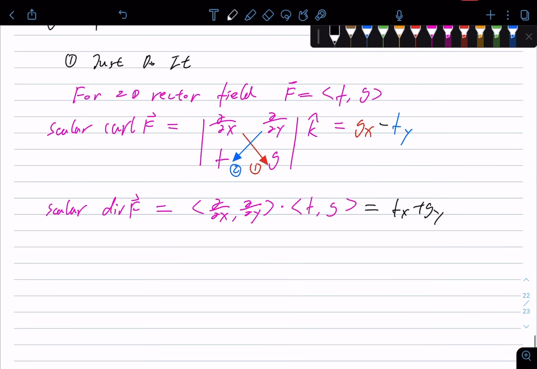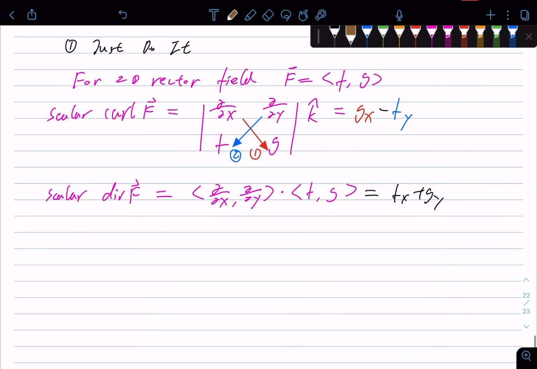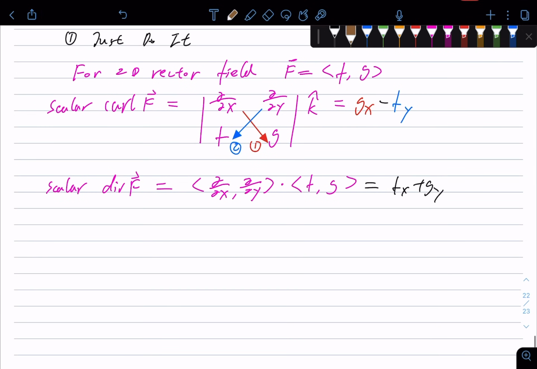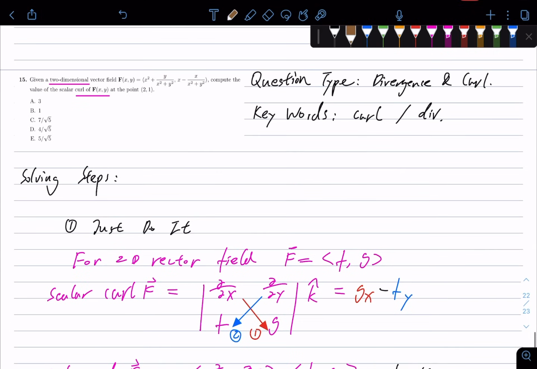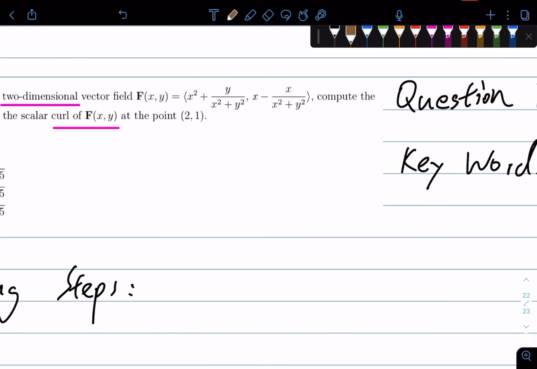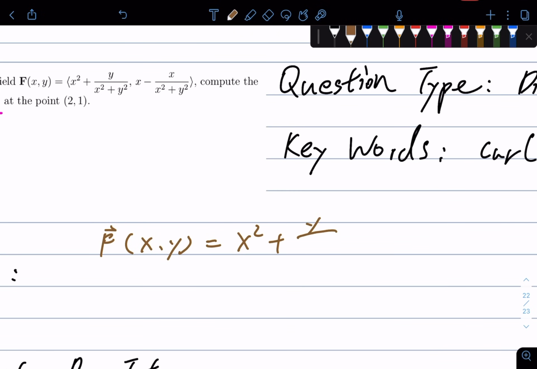And then in this case, we're going to compute Fy. I'm just going to compute this really quickly. So let's keep in mind these two vector fields. I'm going to go ahead and copy them. F(x,y) equals x squared plus y over x squared plus y squared, and G equals x minus x over x squared plus y squared.